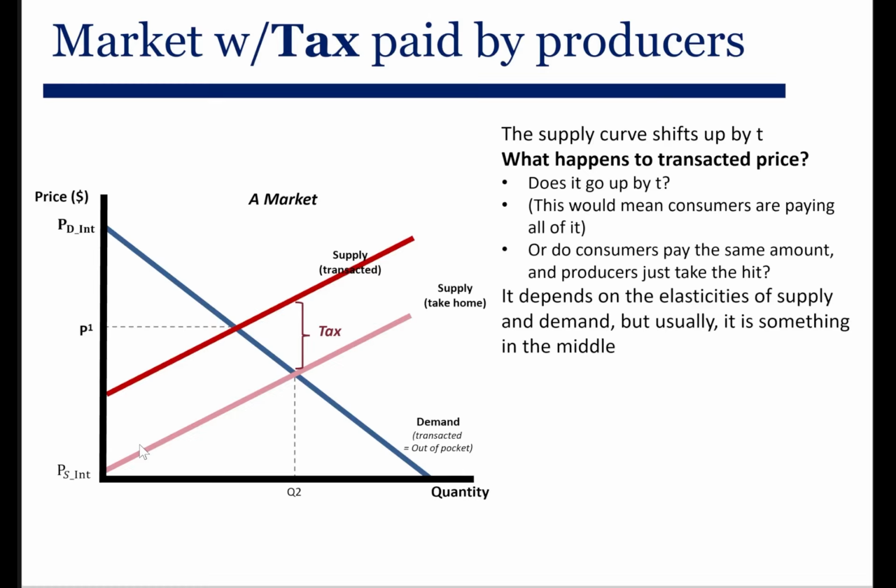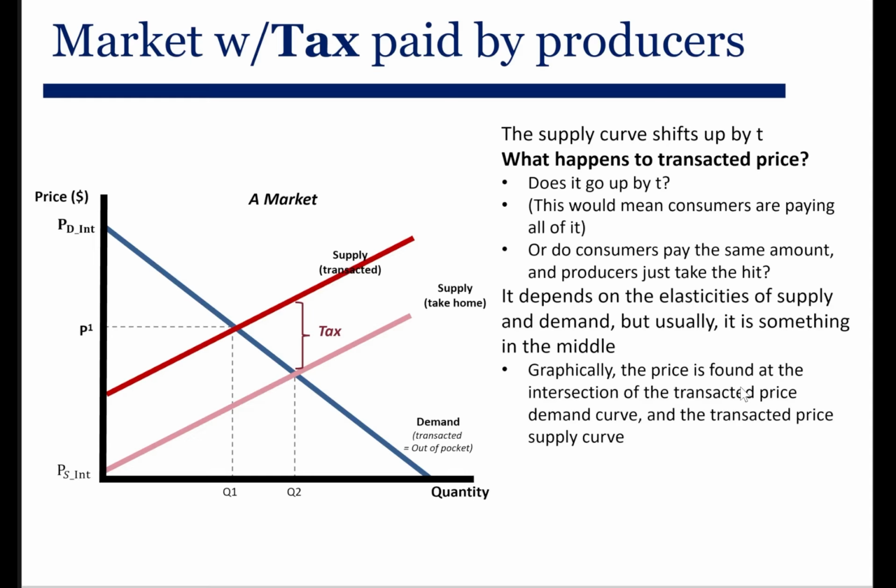So this is going to depend, we'll show later, on the elasticities of supply and demand, but usually it's going to be something in the middle. Graphically, the price is going to be where the supply for the transacted price intersects the demand for the transacted price. That transaction moving from consumers to producers is the thing we need to match up.